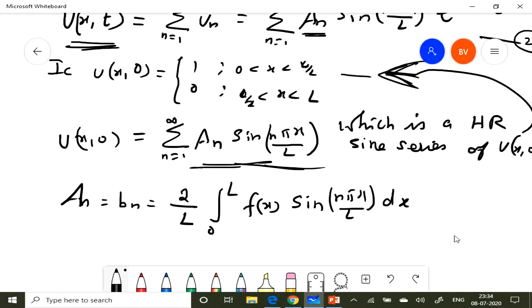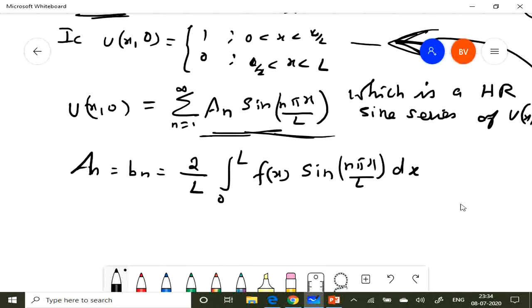Now what we need to do, we don't need to integrate the function from 0 to L, because the function is 1 in the first interval, 0 in the second half. So f of x is nothing but u of x comma 0, isn't it? So what we find, a_n is 2 over L, integration from 0 to L over 2, the function will be 1 in the interval, and now sin n pi x over L dx.